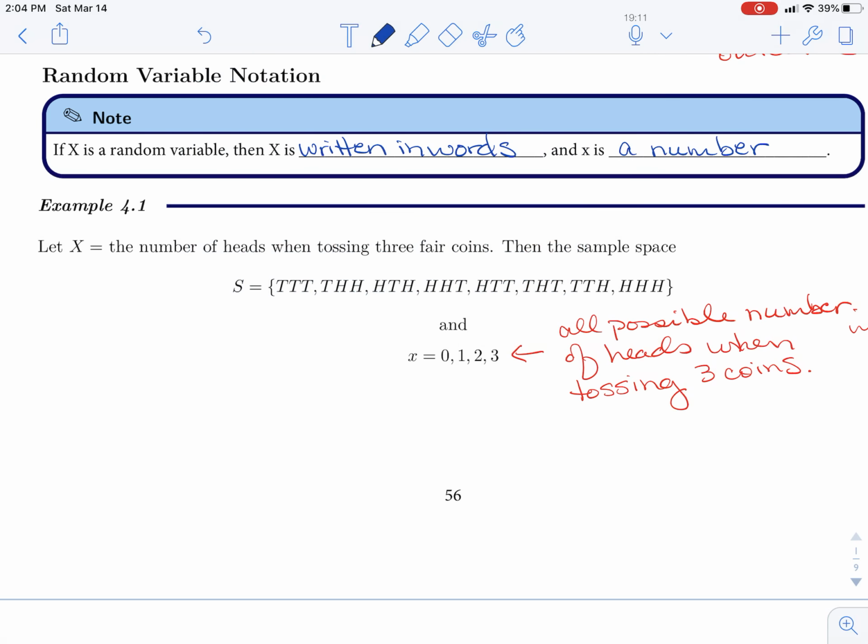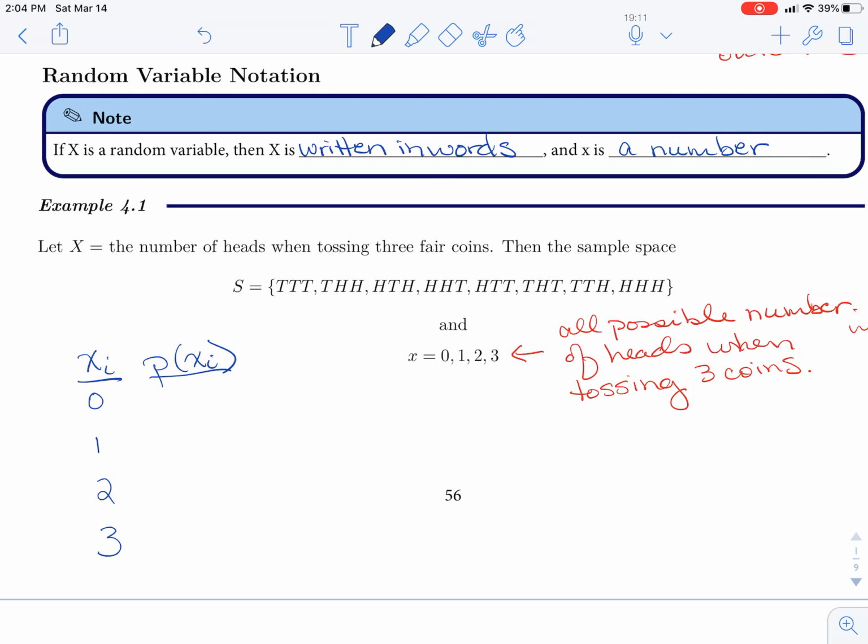So let's think about this example here for a second. Whenever we have the discrete random variables, we'll call them x sub i because we don't know which one we're looking at. Let's list all the ones for flipping those 3 coins, and how many heads we can get. For each of those, we can also list the probability of each of those events occurring.